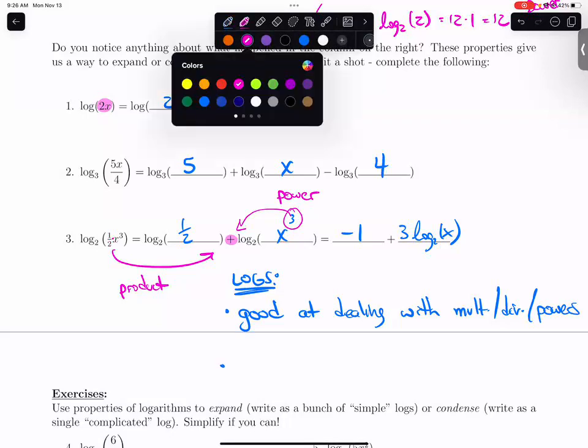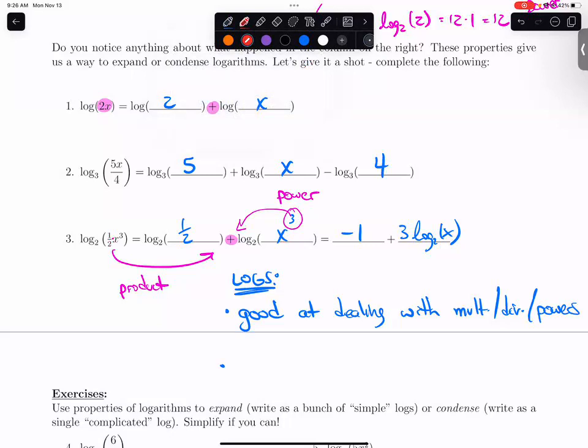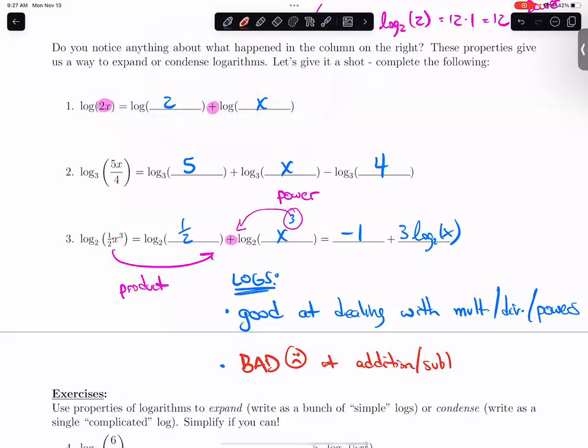Logs are not good, some would say bad even, at dealing with addition or subtraction. Addition or subtraction on the inside of a log, in the argument of a logarithm.